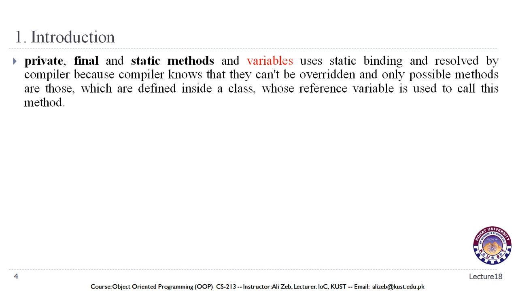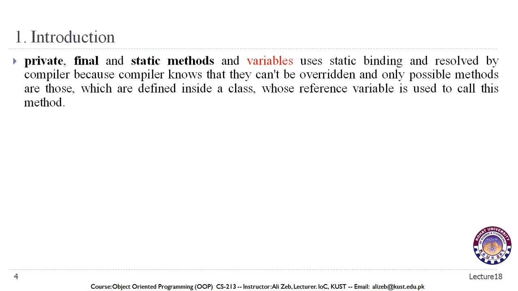Private, final, and static methods and variables use static binding and are resolved by the compiler, because the compiler knows that they can't be overridden, and the only possible methods are those defined inside the class whose reference variable is used to call the method. So if we declare a method as private, final or static, or variables as private, final or static, then we understand that we cannot override them, and they use static binding.